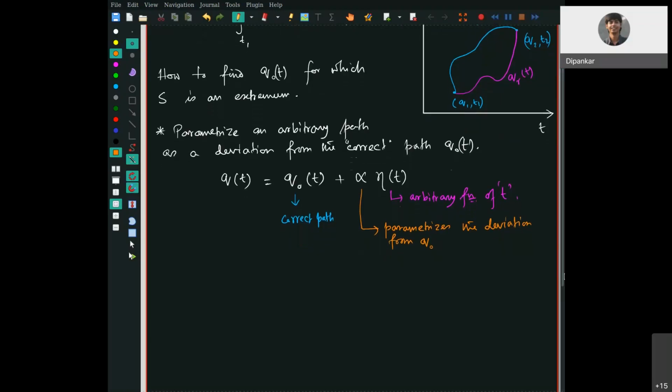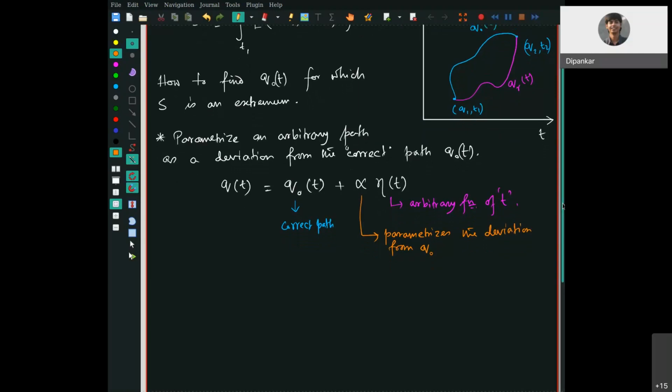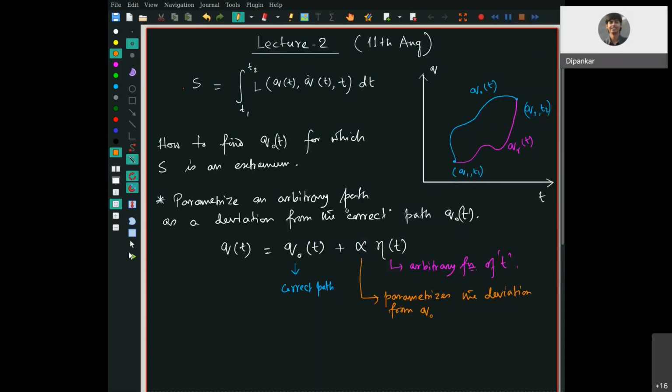All right. So now, if I parameterize my path in this way, with q(t) being just q0(t) plus alpha eta(t), then this quantity S will now be a function of alpha, because q depends on alpha, and so does q dot. So S will be a function of alpha.